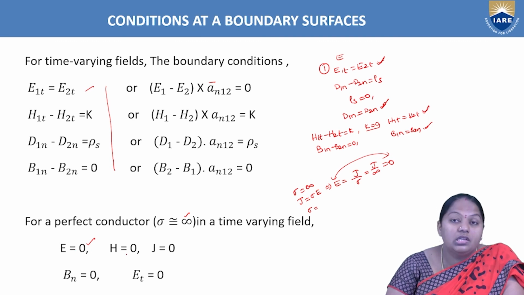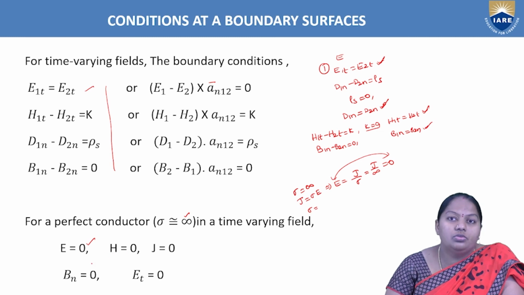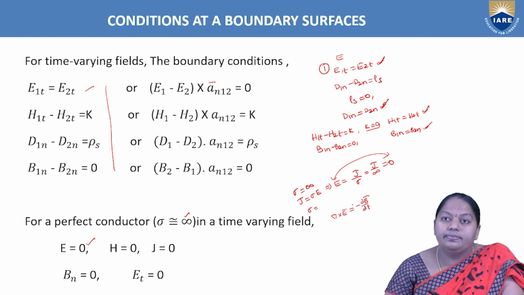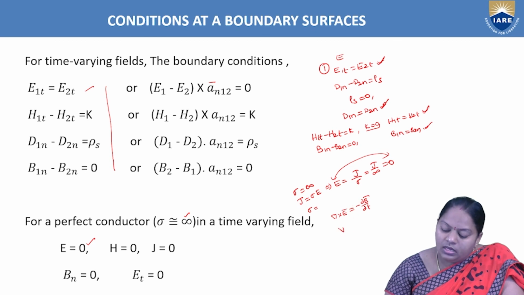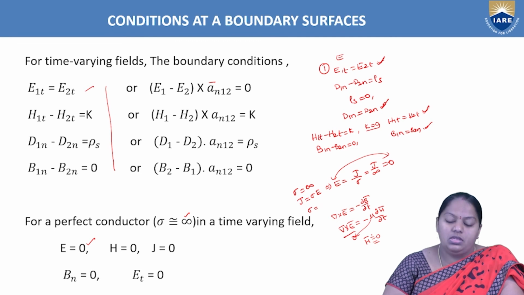If E is 0, H is also 0. Why? Because the relation between E and H, according to Faraday's experiments, is del cross E bar equal to minus dou B bar by dou t, so del cross E bar equal to minus mu into dou H bar by dou t. If E equal to 0, this total term tends to 0, and then H bar equal to 0.